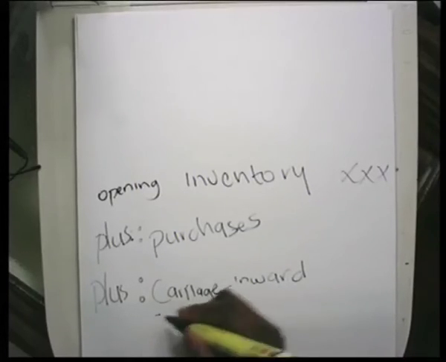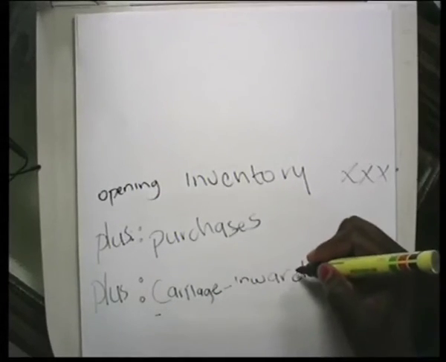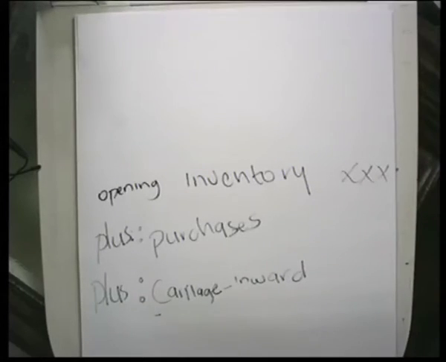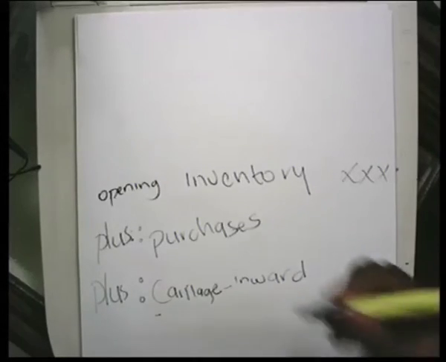You can also add the railage inward. Carriage inward is when goods are coming into the business. The cost of those goods coming into the business, what you paid for the transportation of goods coming into the business, is what you call carriage inward.